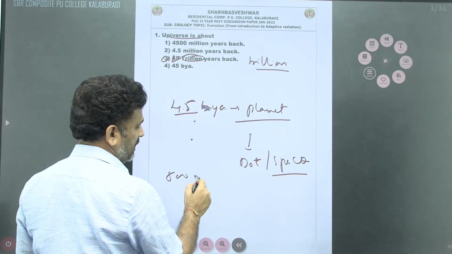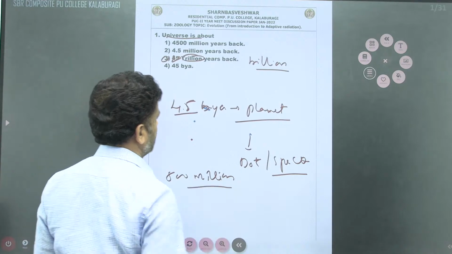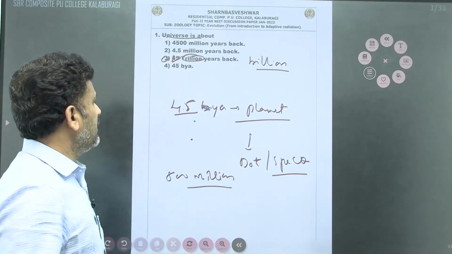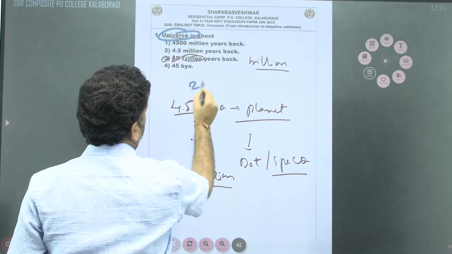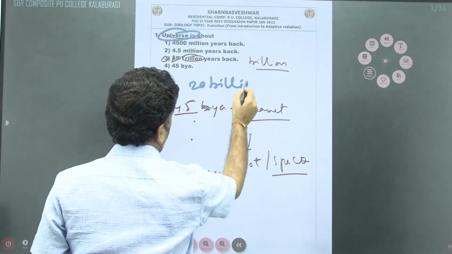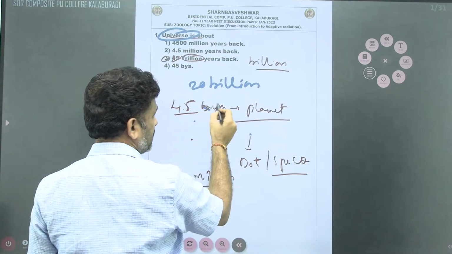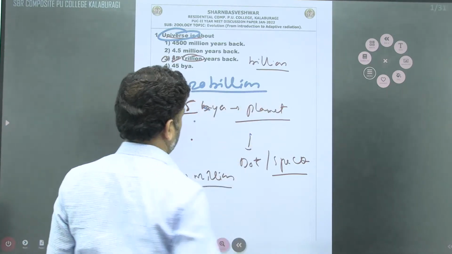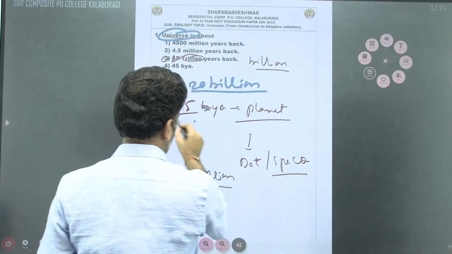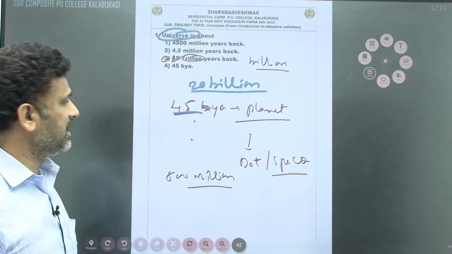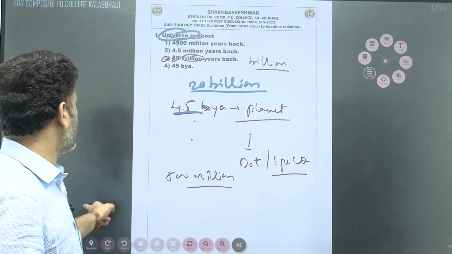After 500 million years, the first life form arose on Earth's surface. So our universe is 20 billion years old, and our Earth is about 4.5 billion years old. That's why the first option is correct.